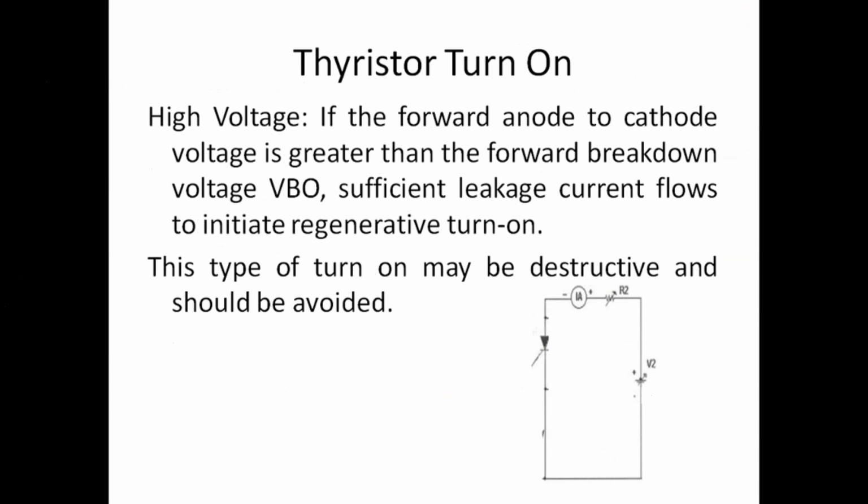I should not apply a voltage between anode and cathode that is more than 800 volts, or that reaches 800. If you apply 800 volts between anode and cathode, avalanche breakdown happens in junction J2, and that SCR will be damaged.